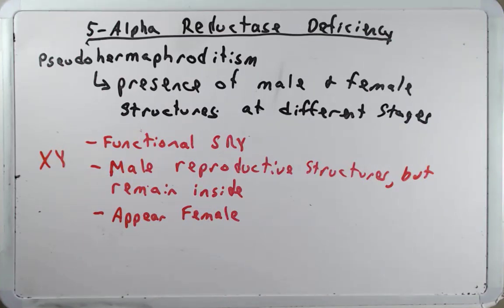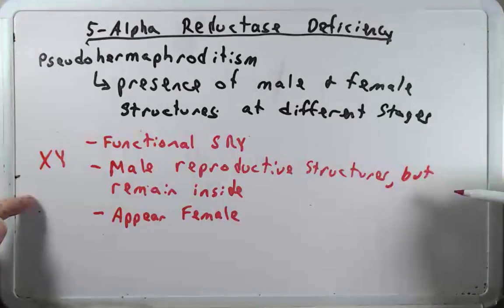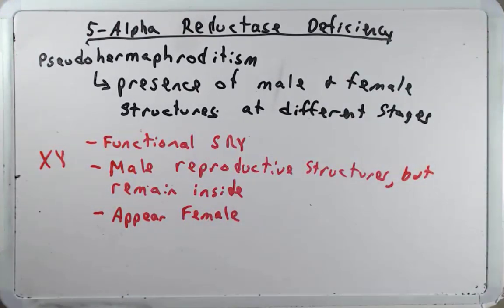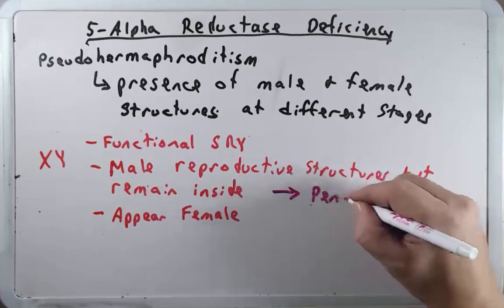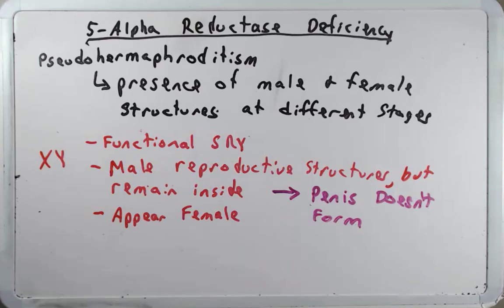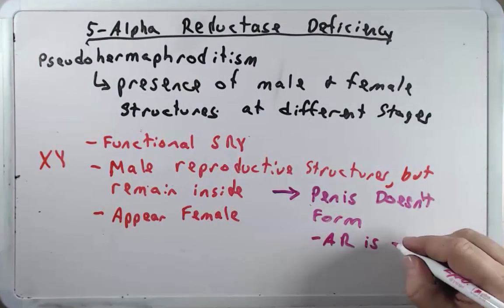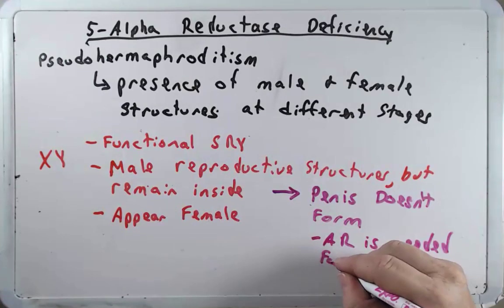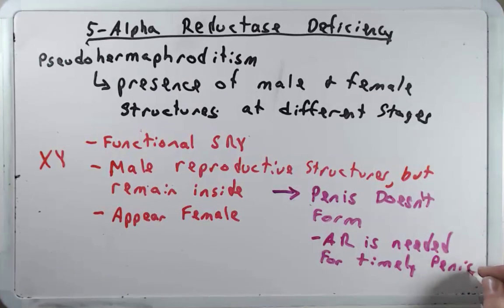But the question I want to talk about right now is, why is it that male reproductive structures that form stay on the inside? One of the structures doesn't form. Put that over here and say the penis doesn't form. And that's because this 5-alpha reductase, which I'm just going to call AR, is needed for timely penis development.